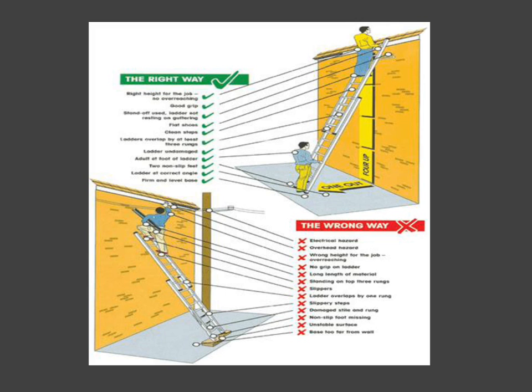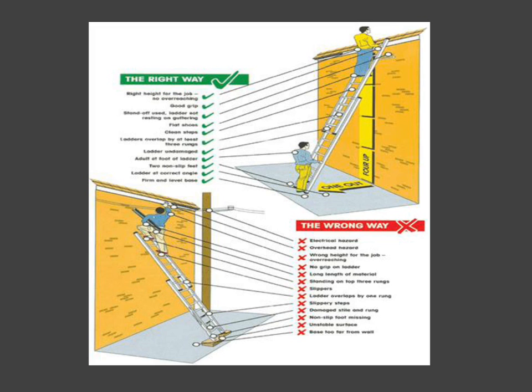Okay, here's an interesting one to take a look at. What we've got here is a ladder with both the do's and the don'ts. I don't know if you can read what's there, so what I'm going to try to do for you here is go through what's really there. On the one that's on the top, what it says is the right way.